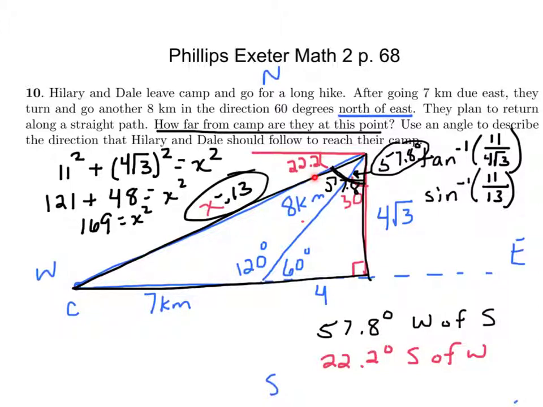Why 22.2? Because I subtracted that from 90 to get from the west to the south. So west of south would be starting south and going to the west, or if I started west and moved to the south, that is called south of west. So it's an interesting idea here when it comes to orienteering and reading a compass.